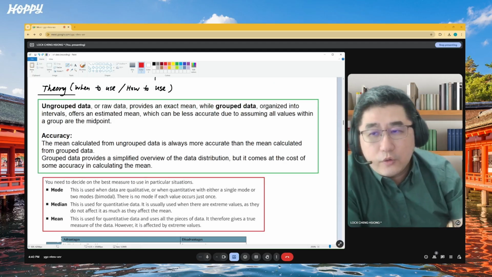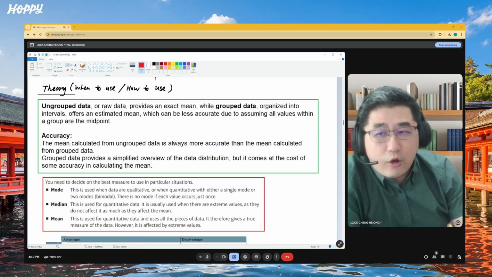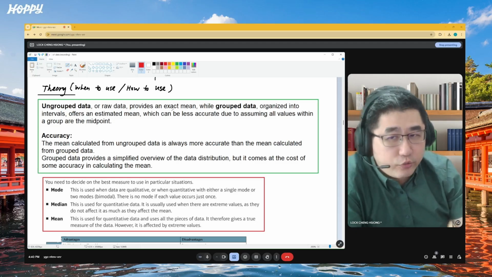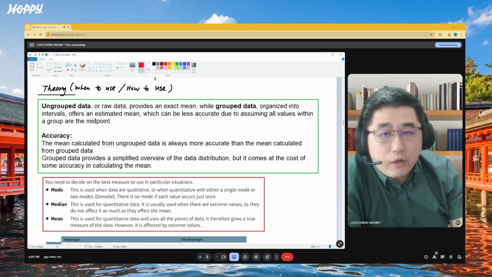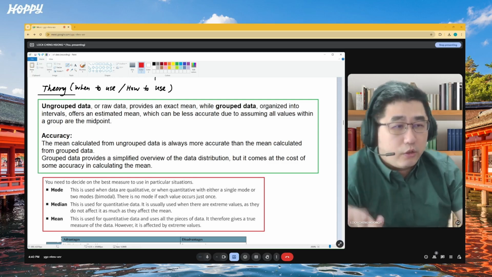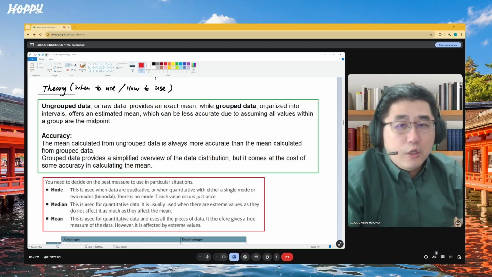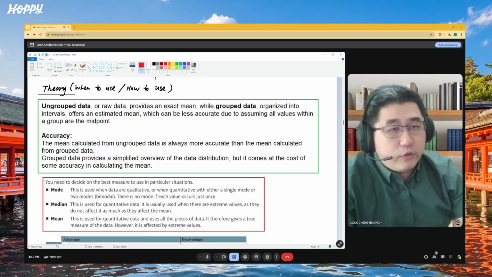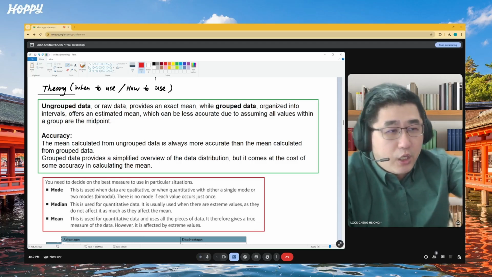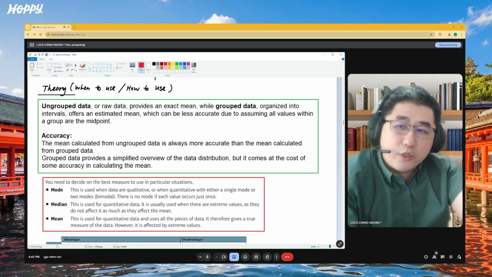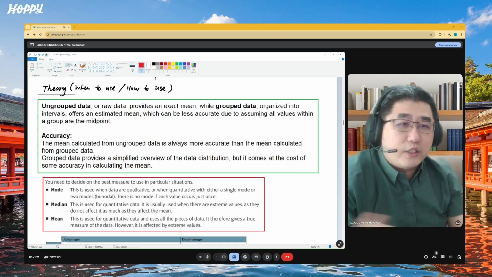First of all, ungrouped or raw data provides you the exact, actual mean itself, while grouped data is organized into intervals. Let's say you have 100 people in the hall, you cannot just count how many got 1 mark, how many 2 marks, how many 3 marks. So usually we group them together.